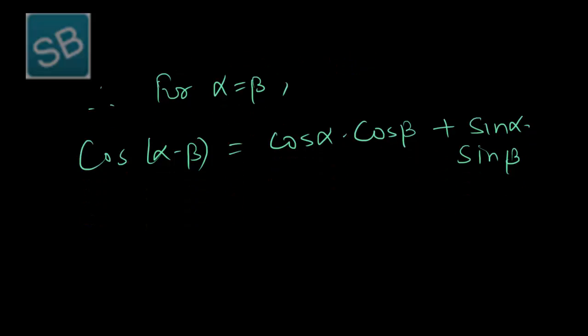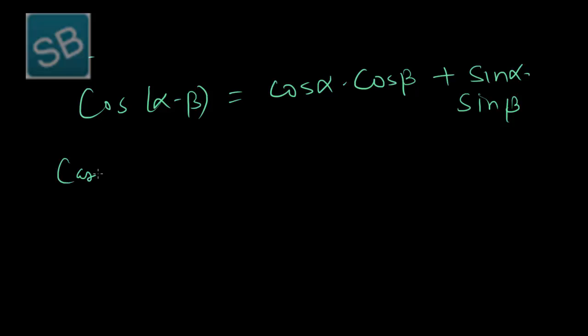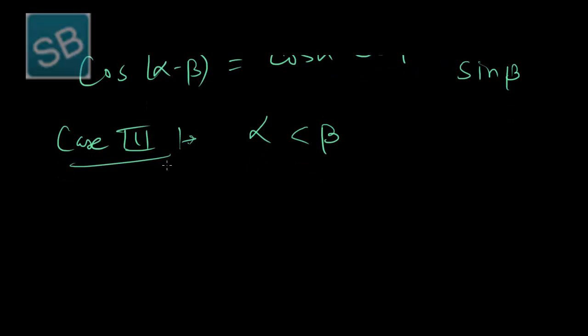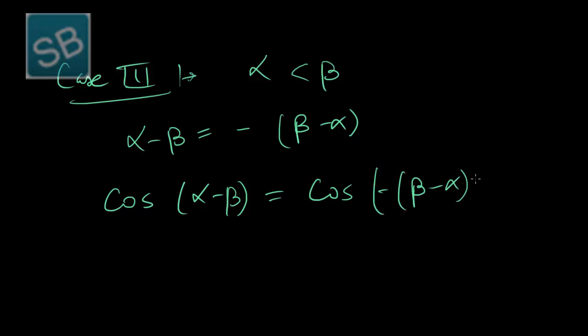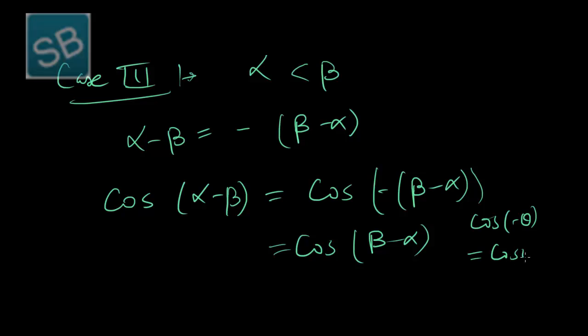Now we have to discuss the third case, that is if alpha is less than beta, then alpha minus beta is equal to minus of beta minus alpha. So cos of alpha minus beta becomes cos of minus of beta minus alpha, that is cos of beta minus alpha, because cos of minus theta is equal to cos theta.